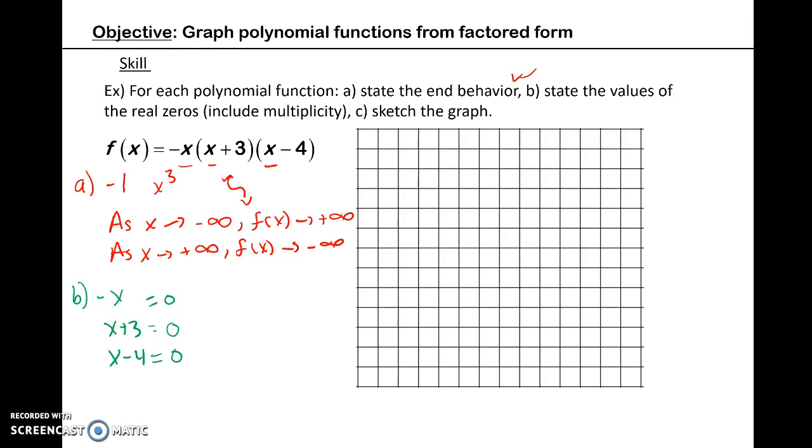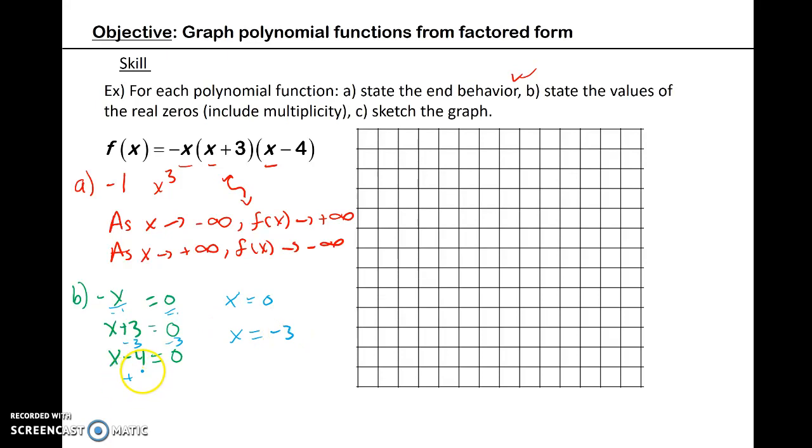So here, let me switch colors. Here I'm going to divide each side by -1, which gives me x is equal to 0. Here I'm going to subtract 3 from each side, giving me x is equal to -3.